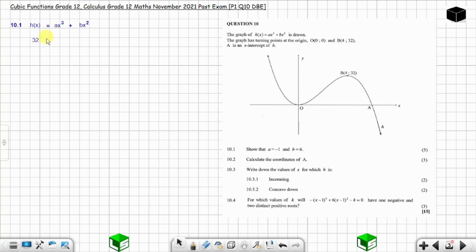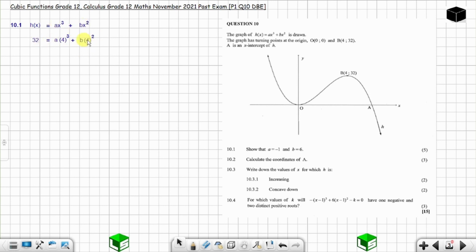This is equal to a, x is 4, so you have 4 to the power of 3, plus b, x is 4, so you have x to the power of 2.